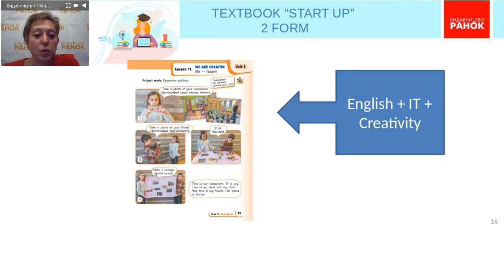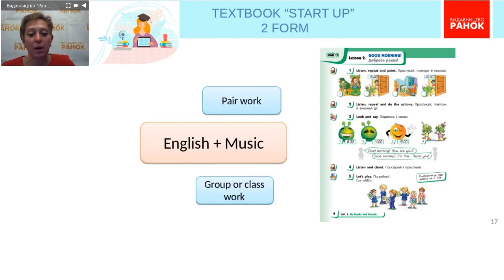They need to take photos and make a photo stand, photo collage. And I think this activity will be interesting for pupils. They need to use IT technologies, be creative, of course, and after the preparation, your pupils need to present the project, so to show, to illustrate, to tell about their work.